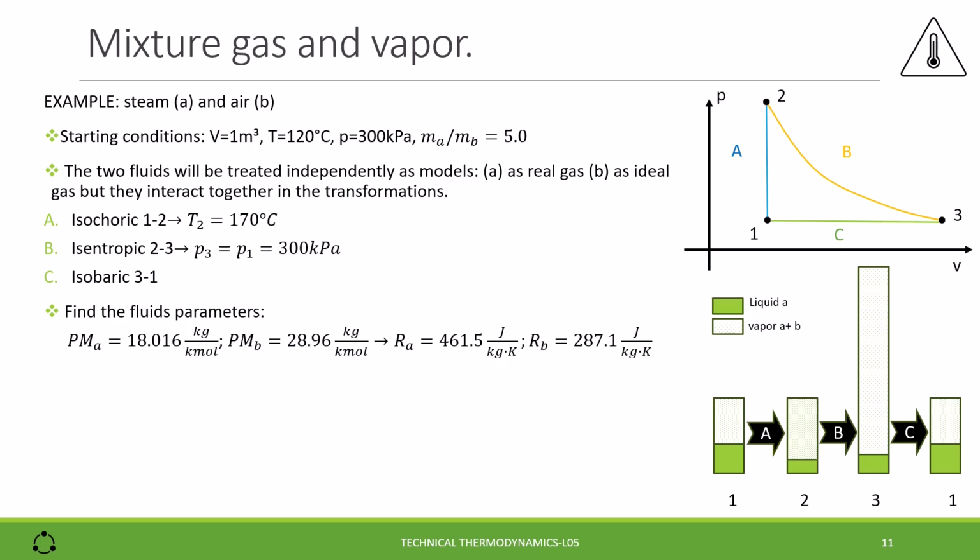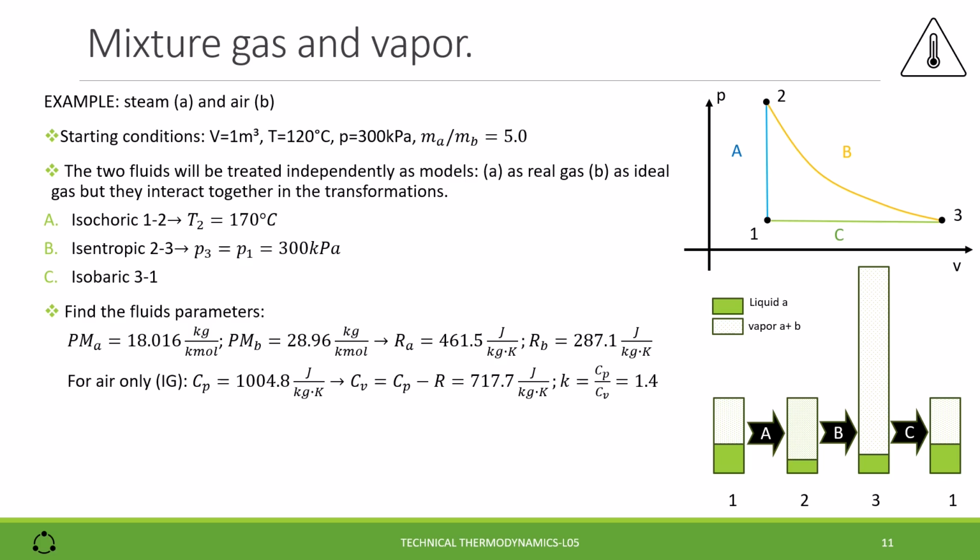Let's find now the parameters of the fluids. For the fluid A, the steam, the molecular weight is 18.016. For the air, the molecular weight is 28.96. Ra is 461.5, Rb 287.1.